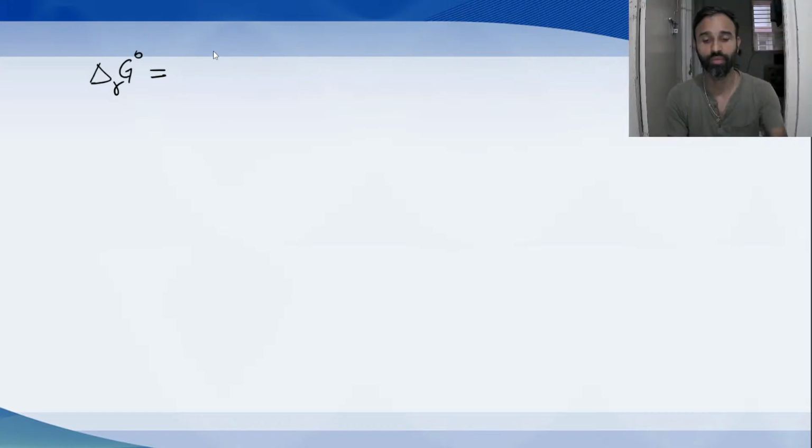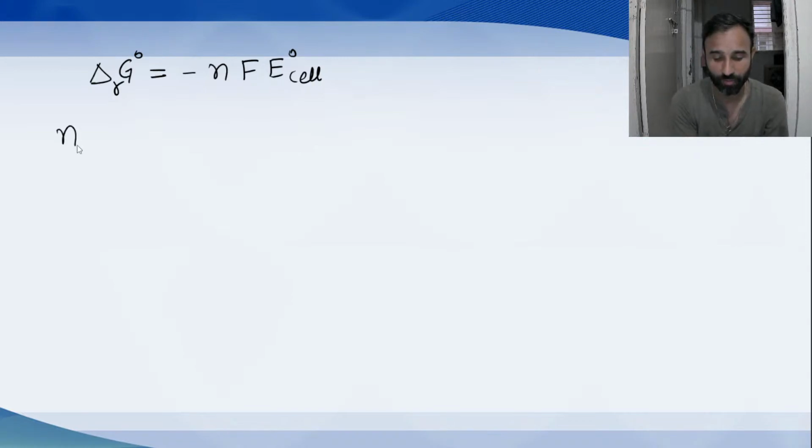ΔG° equals minus nFE° cell. This is the relation; ΔG° and E° cell are related like this. What is n? The number of electrons transferred.